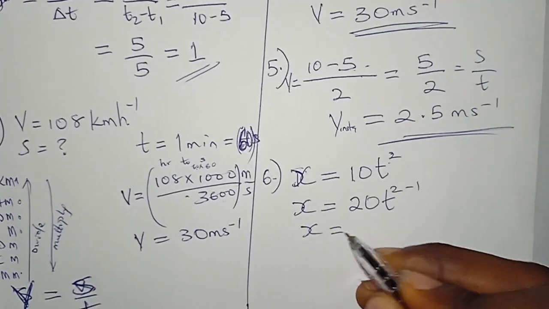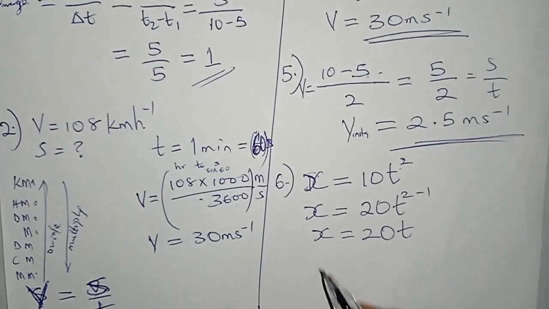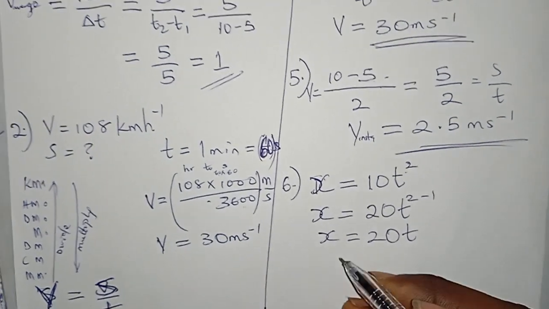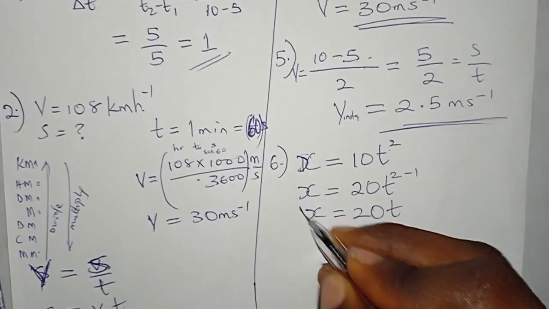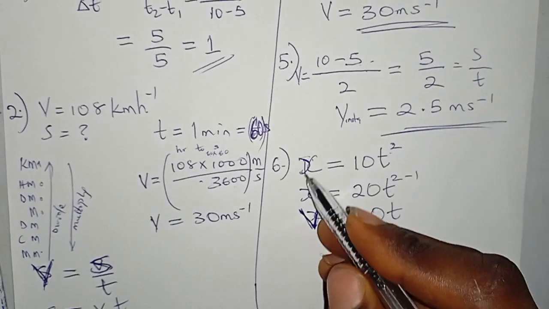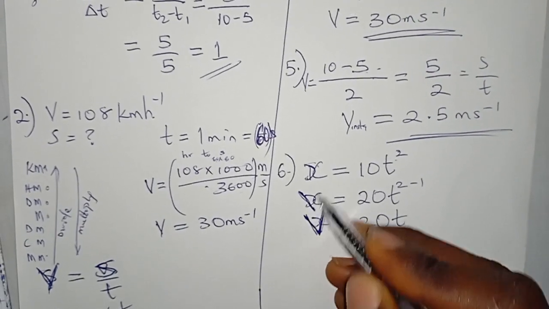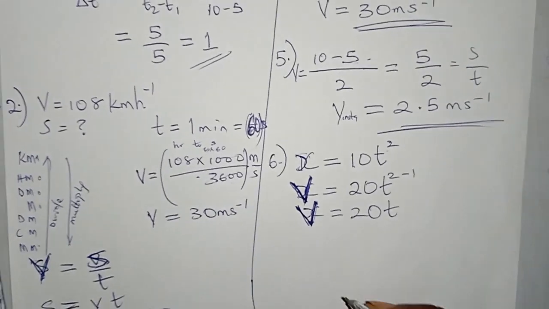So x becomes 20t. When I differentiate, it is now v, no longer x. So this is my v.